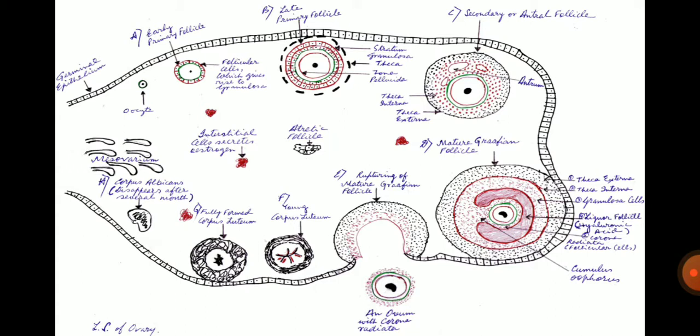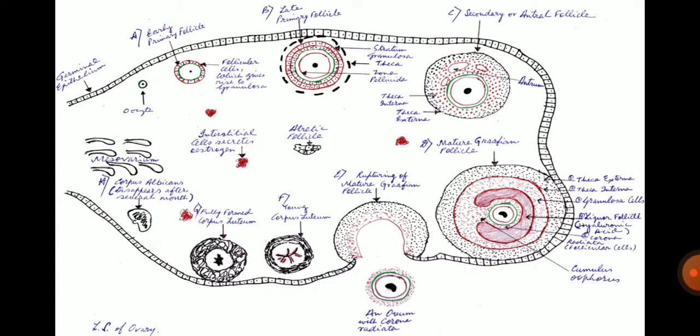You can also find the different stages of development of the ovarian follicle, starting from the oocyte itself, the primary follicle, secondary follicle, then tertiary follicles. The formation of the antrum is seen in the third diagram within the cortical region.